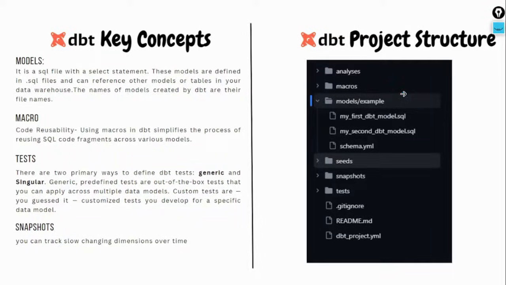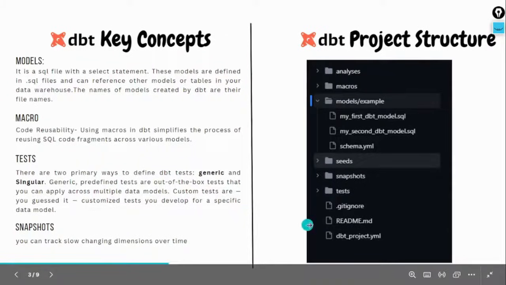There are a few more folders, like seeds and analyses, but we'll explore all of them when we start hands-on with the dbt project. But this is the general, initial dbt project structure.